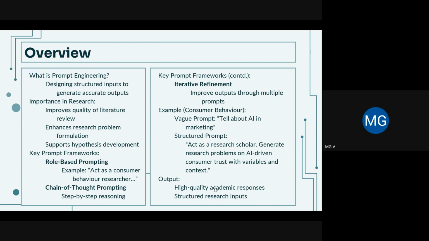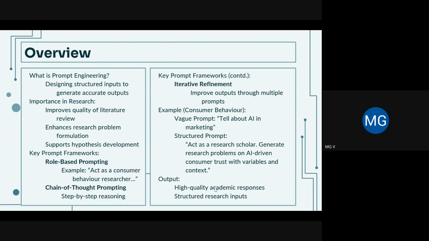For example, instead of asking broadly about AI in marketing, what should we do? We should have a structured prompt that can specify variables, population, and research context. This approach significantly improves the relevance and depth of outputs. So you must treat prompt design as a research skill. Please focus.